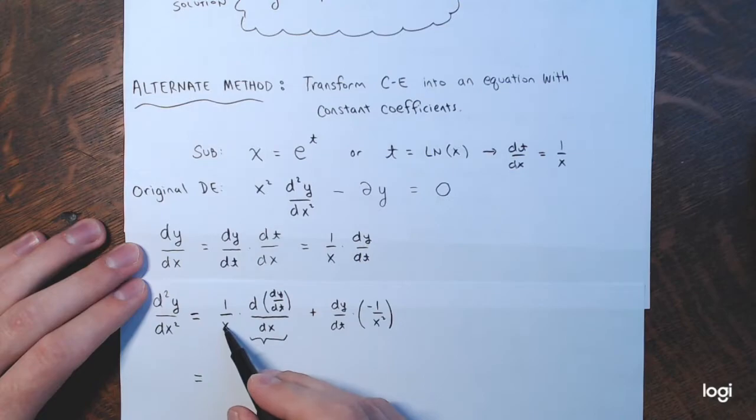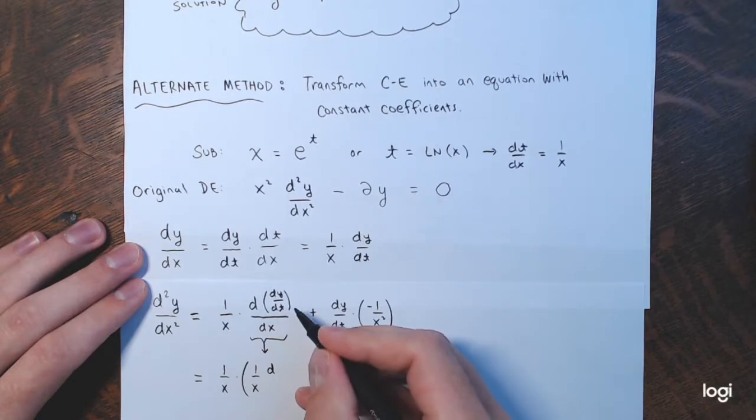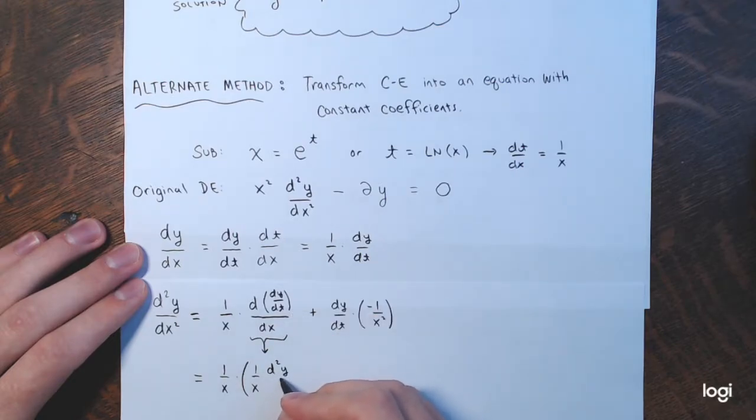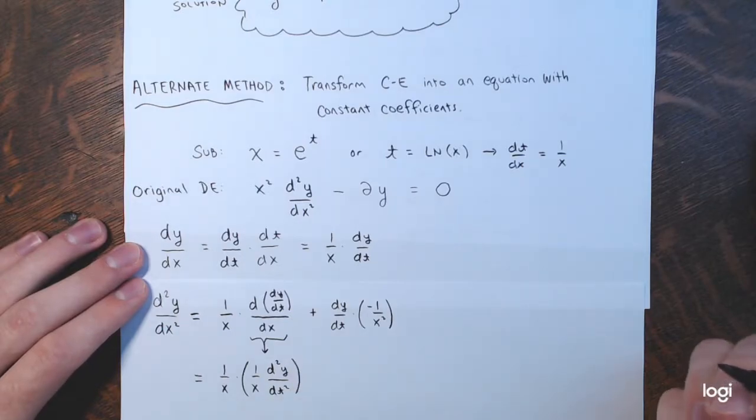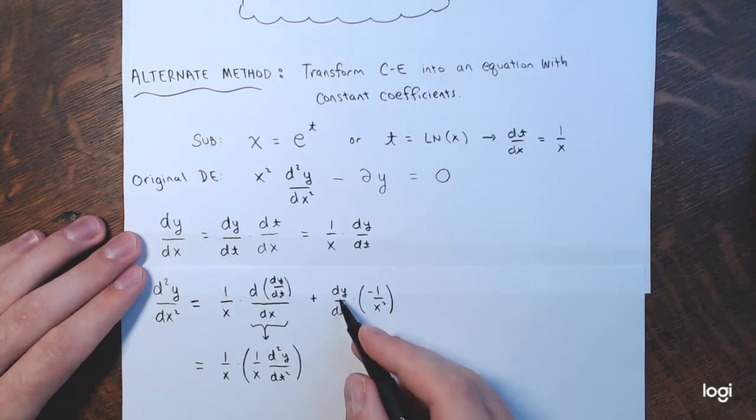So this would be equal to 1 over x times, and according to the previous line, 1 over x times the derivative of dy dt with respect to t. So that'd be the second derivative of y with respect to t, right? The derivative of the first derivative of y with respect to t would be the second derivative of y with respect to t. And then I have minus 1 over x squared times dy dt.